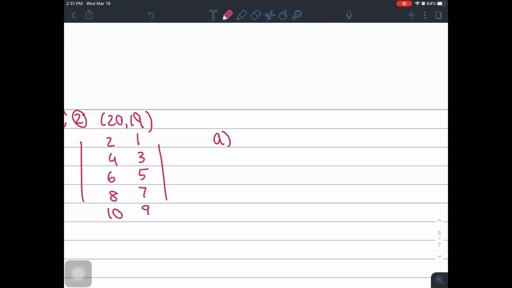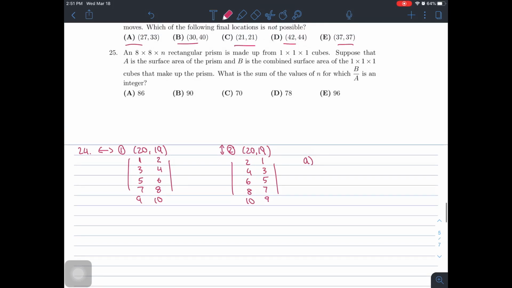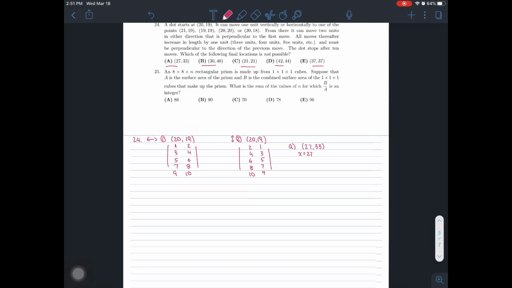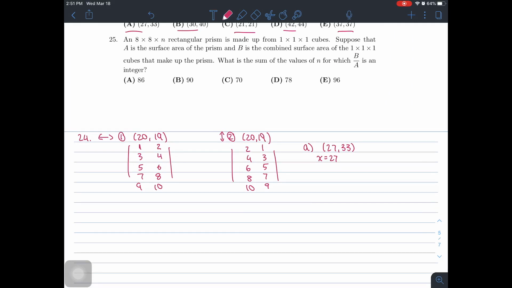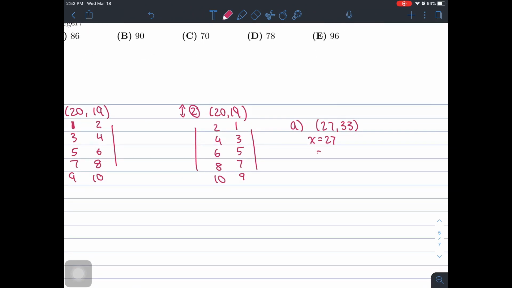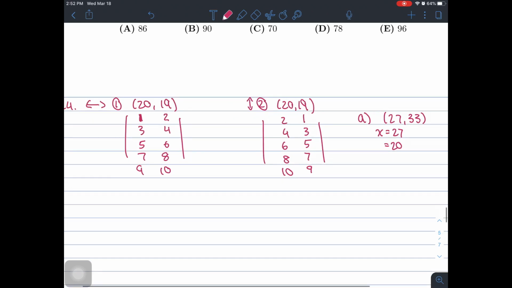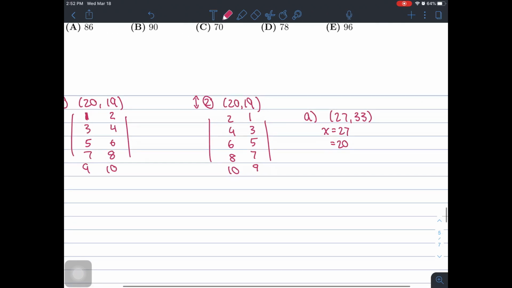For example, if we look at A, it is (2733). So you know that X must be 27. And if this is odd, then you think about how you can use other numbers to get an odd number, and you realize that you need to have odd numbers only. So then you know that this can equal 20. So we're using the first step as horizontal.